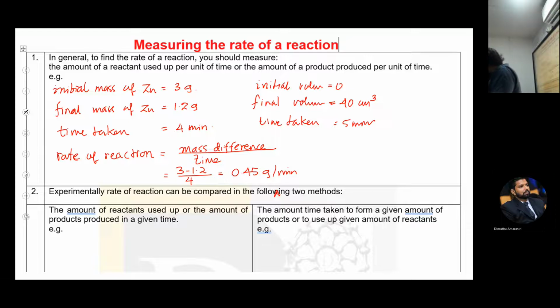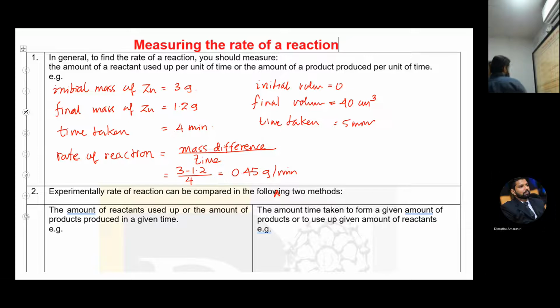So if you keep the change constant, then you can measure the rate by the time. So the higher the time, faster or slower? Slower. Higher the time, slower. Lower the time, faster. So the fastest person records the lowest time.